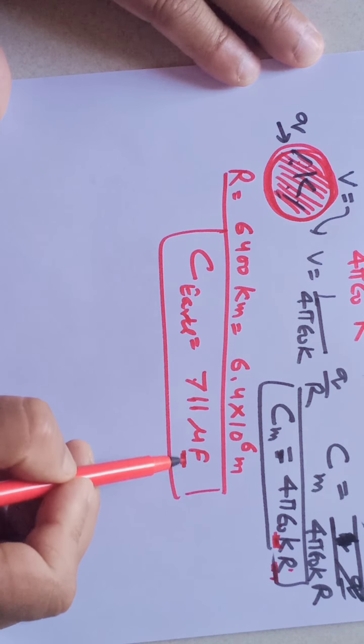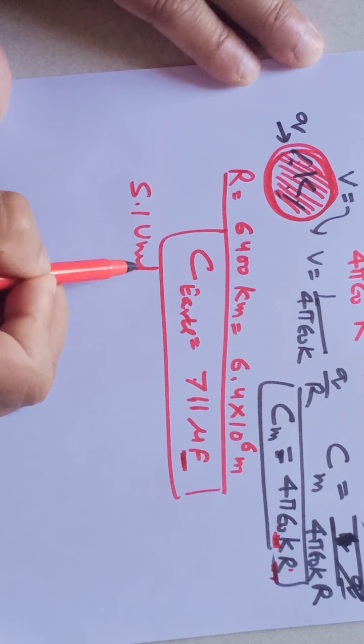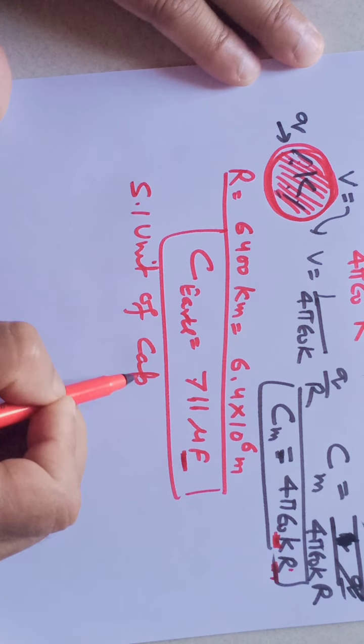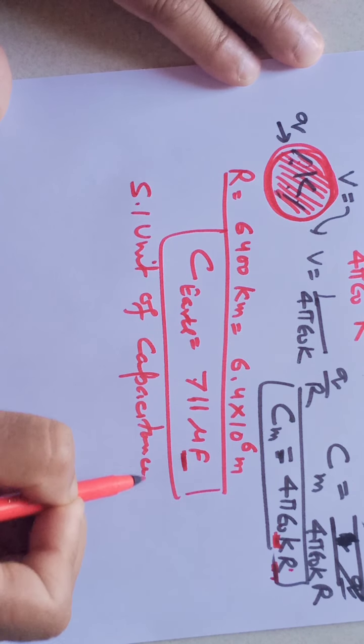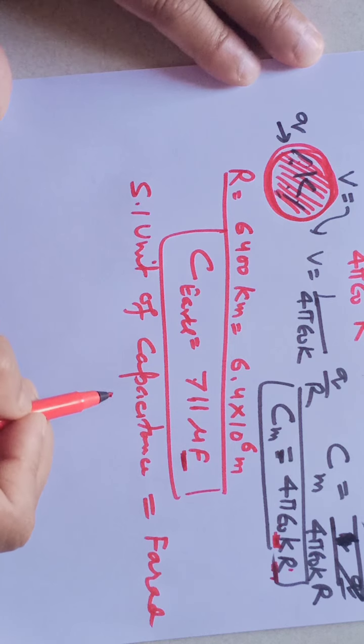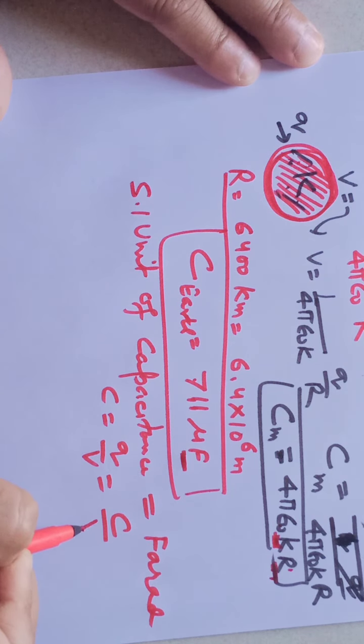Now the SI unit of capacitance is farad, and C is equal to Q upon V, coulomb per volt.